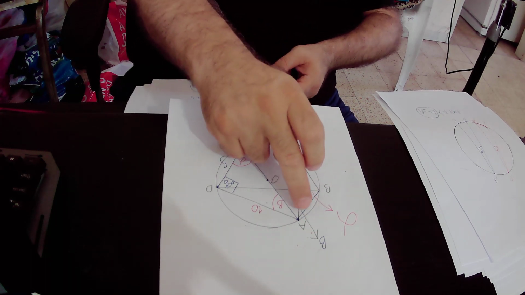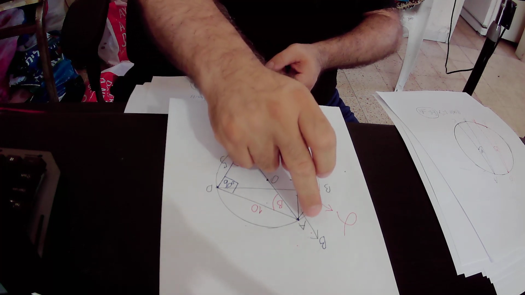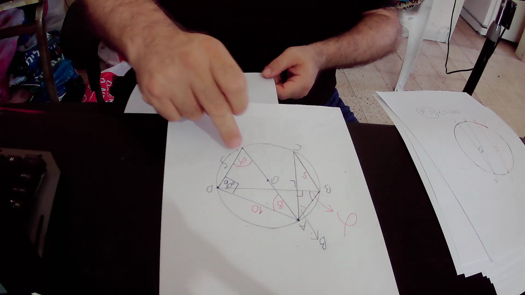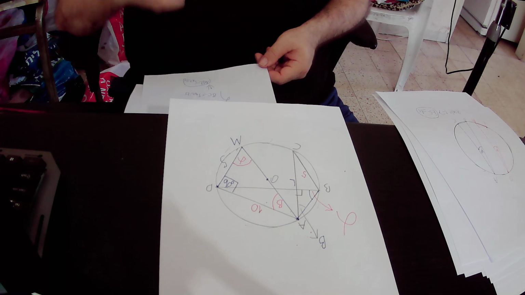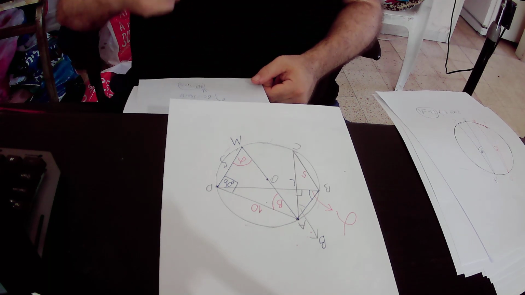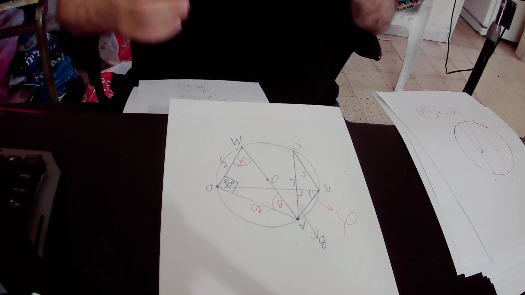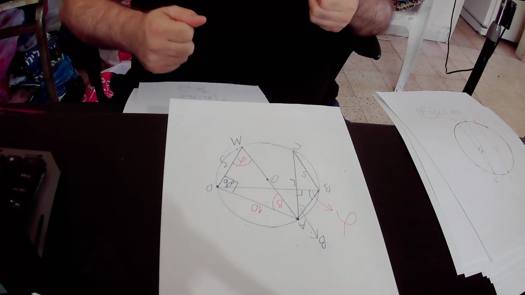That is what we found out, that angle BAL equals beta, and angle MAD also equals beta. So according to rule number 3, equal peripheral angles rest on equal chords.